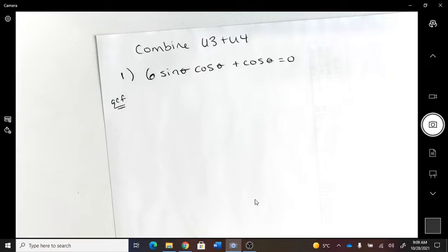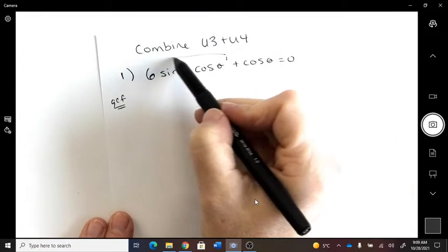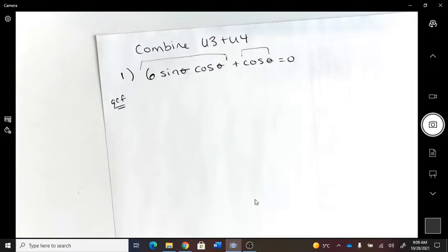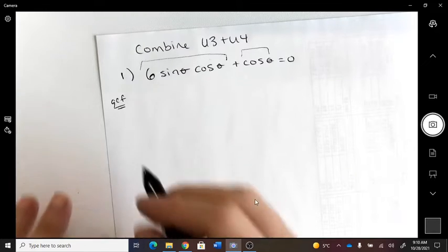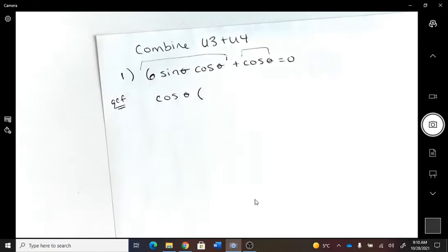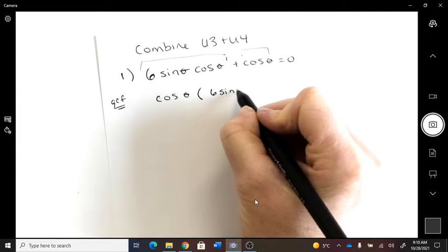What could you take out of each term? So this is a term, and this is a term. What is common to pull out? Each term has a cos theta, right? If you divide a cos theta out, what are you left with? 6 sine theta.